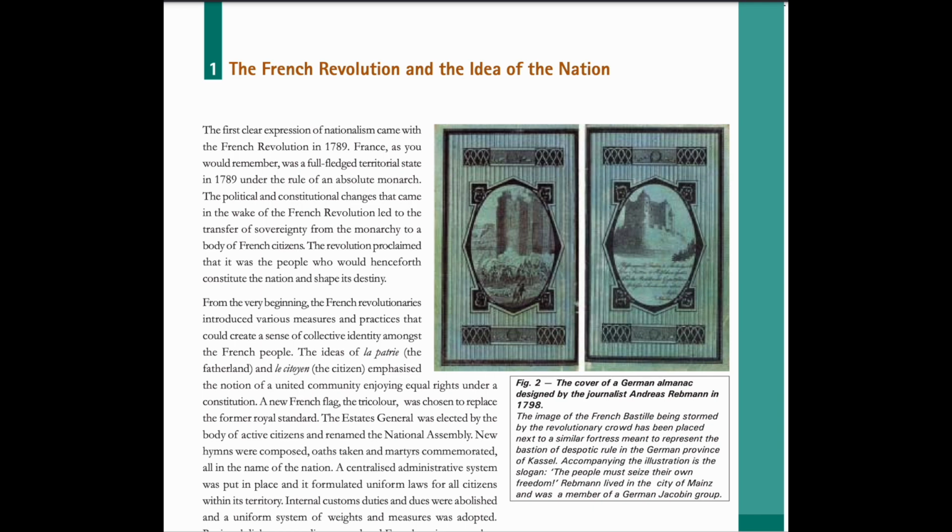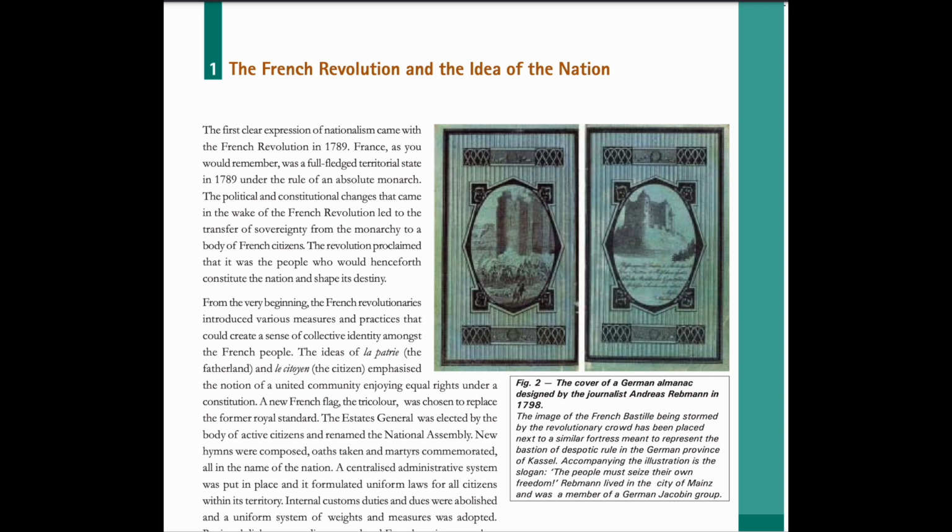The first clear expression of nationalism came with the French Revolution in 1789. France, as you would remember, was a full-fledged territorial state in 1789 under the rule of an absolute monarch.